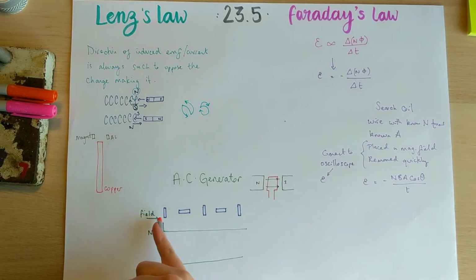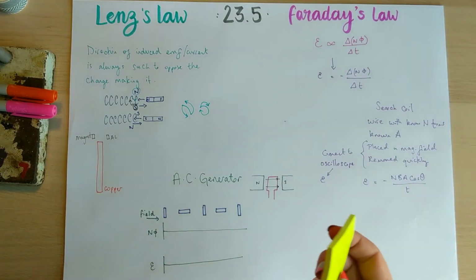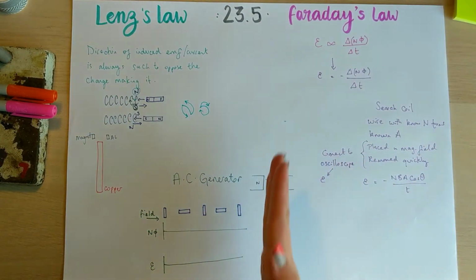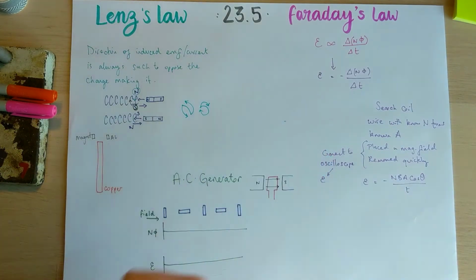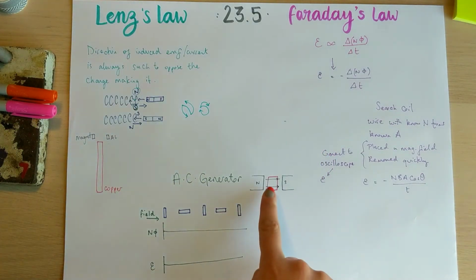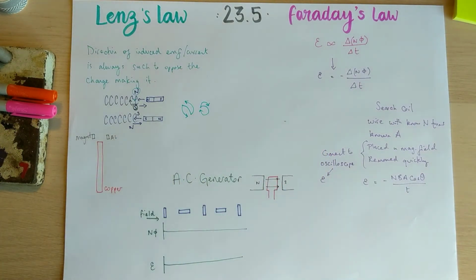This rectangle represents how the plane of the coil is turning compared to the magnetic field, so you need to understand the relationships with this.